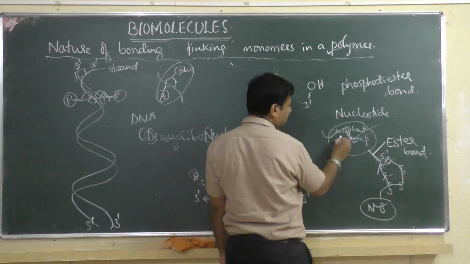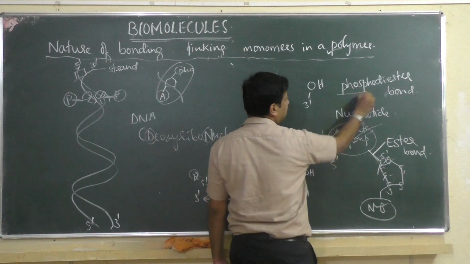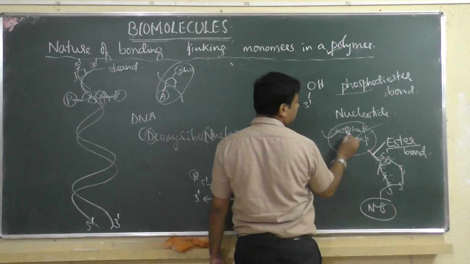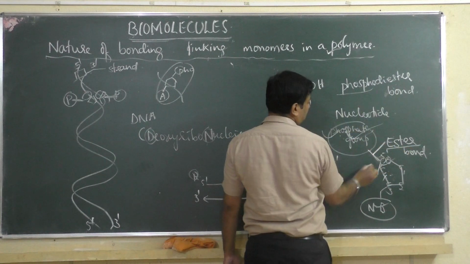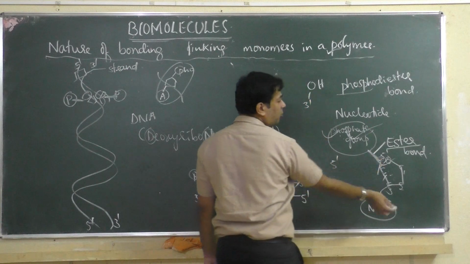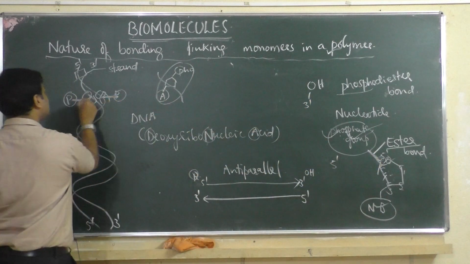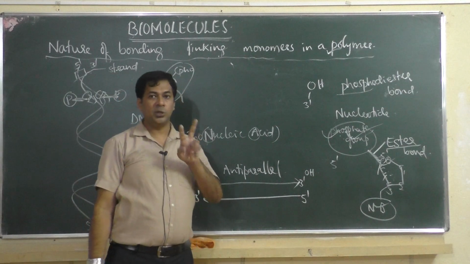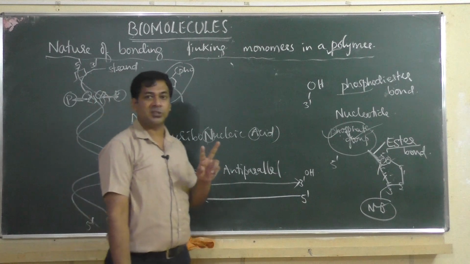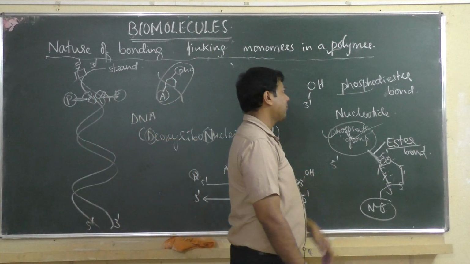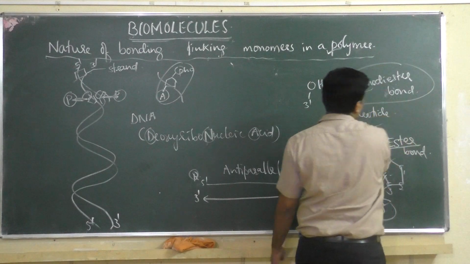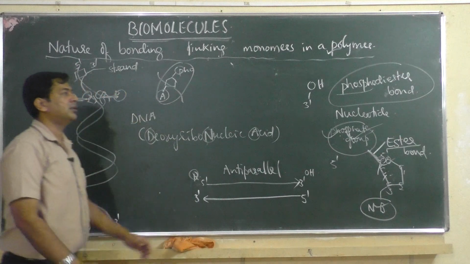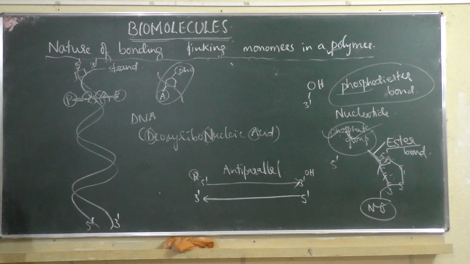Because phospho means the phosphate group is attached to pentose sugar with the help of an ester bond, so it became phosphate plus ester, phosphoester. And as this bond is present on both the strands, that's why it becomes 2 phosphoester bonds, and then it is called phosphodiester bond. Di means 2. The bond formed between phosphate and pentose sugar is an ester bond in a nucleotide, and the nucleotide is present on the DNA.